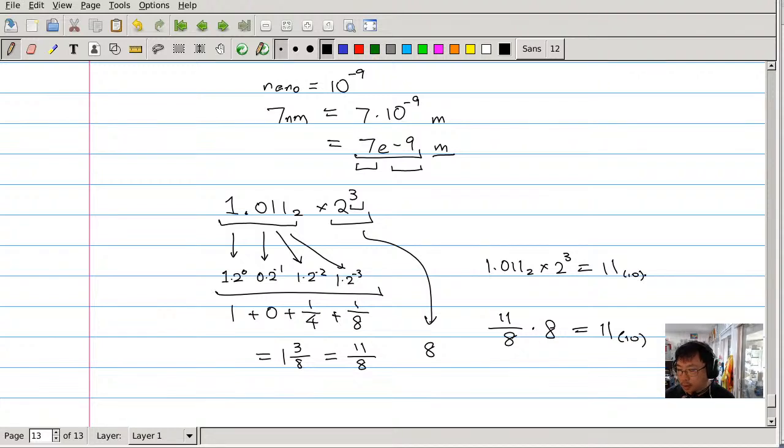Are we okay so far? Does everybody understand what I just did to figure out the actual value of a number that is in base 2 scientific notation? All right, excellent. So now that we understand the basic idea, I'll talk about why this is a really useful representation.